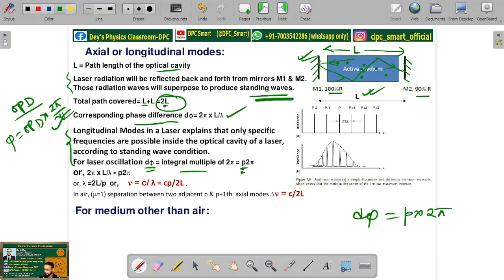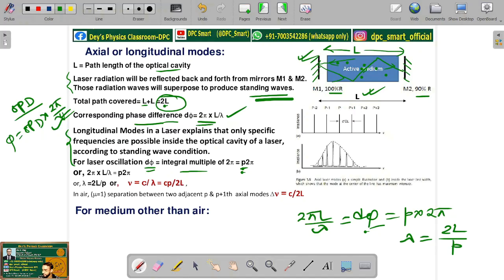So this would be the corresponding condition for standing waves. Again d phi we have calculated as 2 pi into 2L by lambda, which equals p into 2 pi, and from here we get lambda equals 2L by p, where L is the path length and p is the integer.